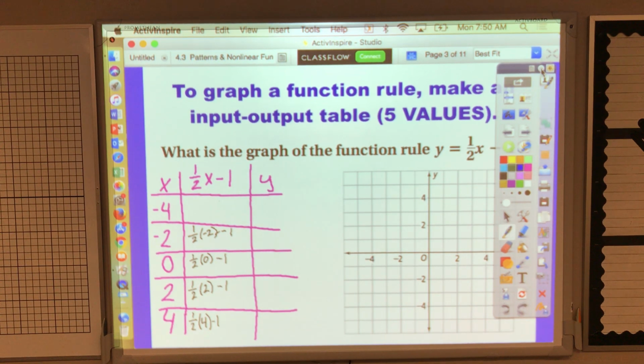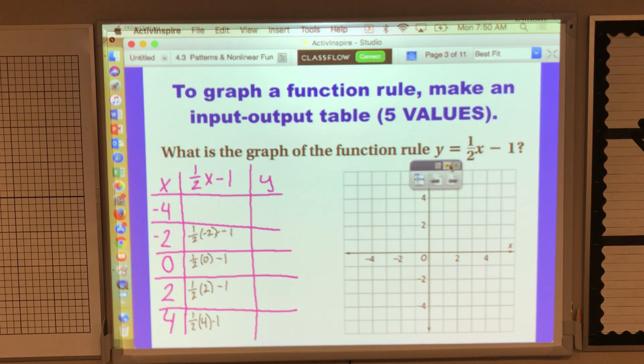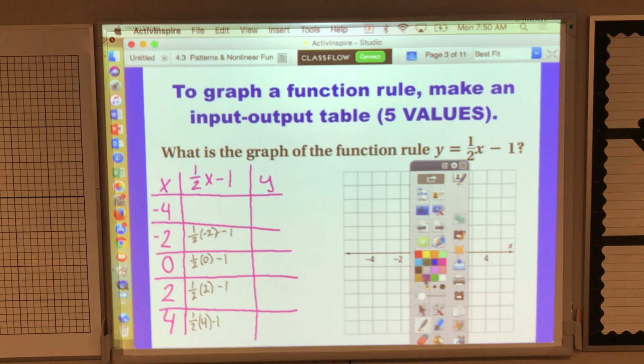So to graph a function, what we do is we make something called an input-output table. I have one drawn here for you already. That's usually your input, which is x. Your equation. And the last column is your output, which is y.